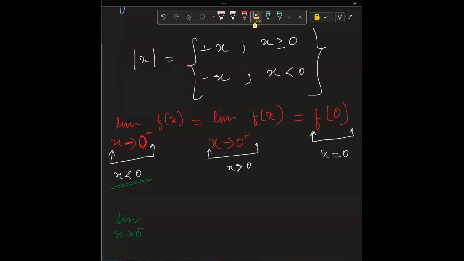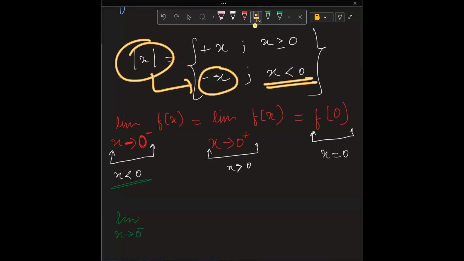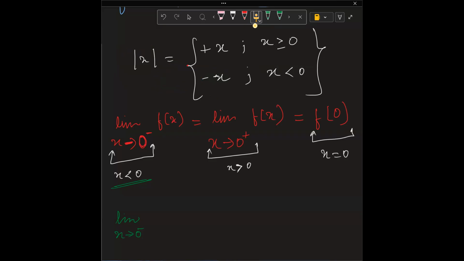Tell me. So it will be plus x, I mean minus x. Listen carefully. इस चीज पे फोकस करो कि मॉडुलस ऑफ एक्स प्लस एक्स होगा अगर एक्स या तो ग्रेटर देन या तो बराबर है जीरो के। एंड मॉडुलस ऑफ एक्स इज माइनस ऑफ एक्स अगर एक्स लेस देन जीरो के। अब समझ आया?